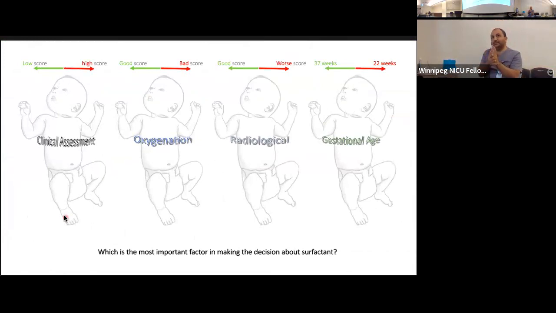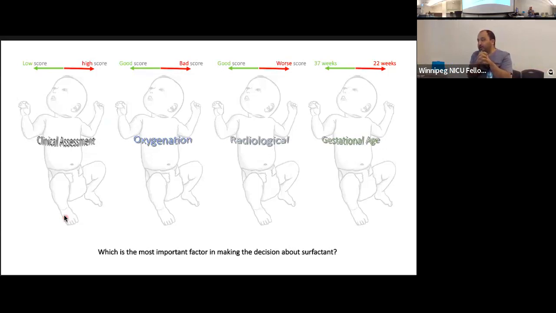Clinical assessment and clinical scoring, severity of respiratory distress. Oxygenation, and the expression of oxygenation by FiO2, saturation, AA gradient, PaO2, a lot of things you can put under this title. Radiological, which includes the X-ray and the ultrasound. And gestational age and all the related risks, like antenatal steroids, chorioamnionitis, and sepsis risk.